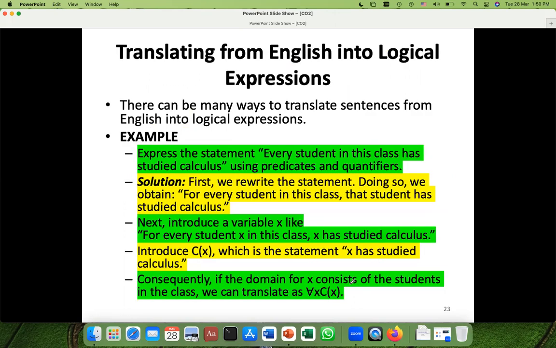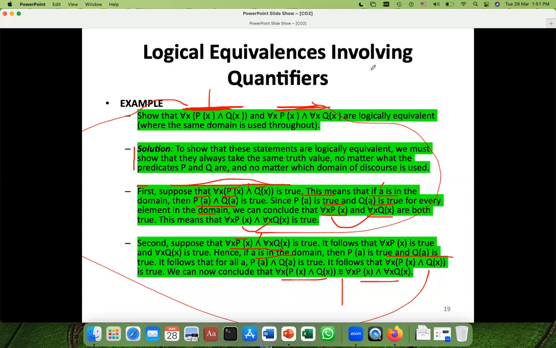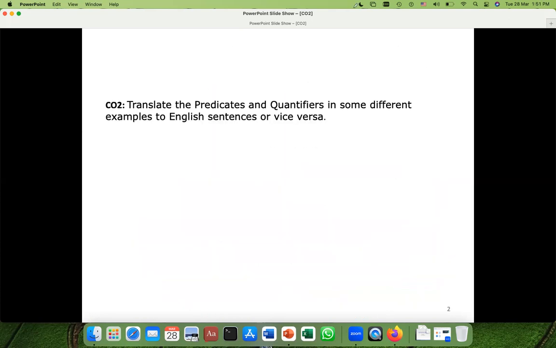Now, translating from English into logical expressions. By the way, this is mentioned in your COs: predicates and quantifiers to English sentences and vice versa.